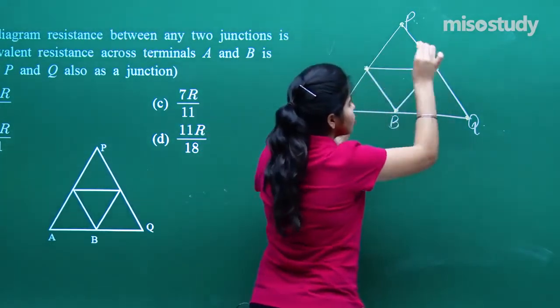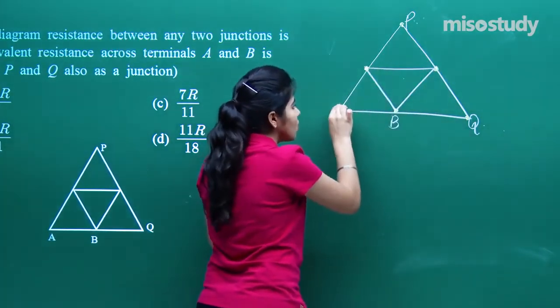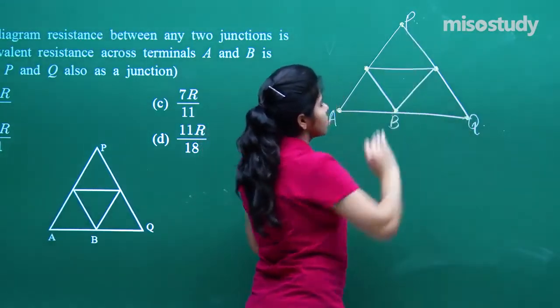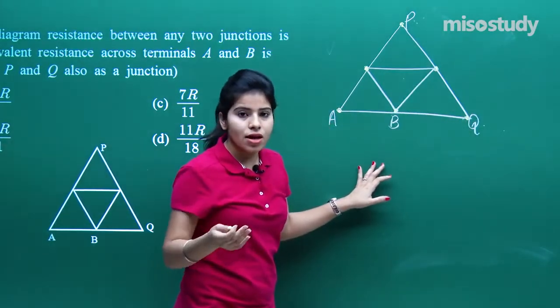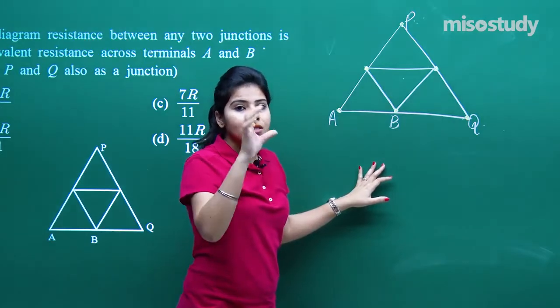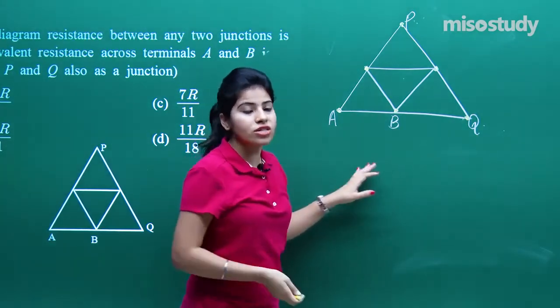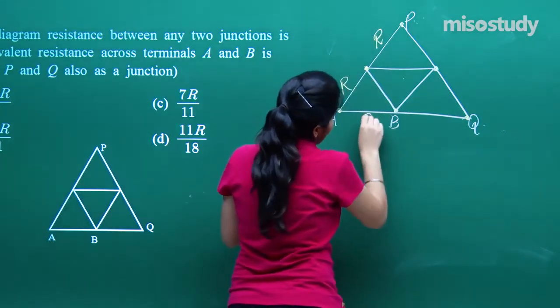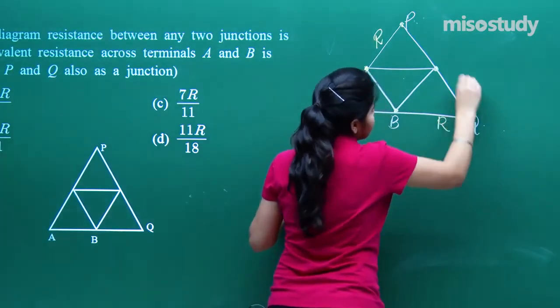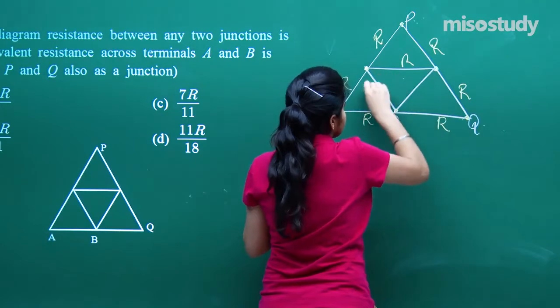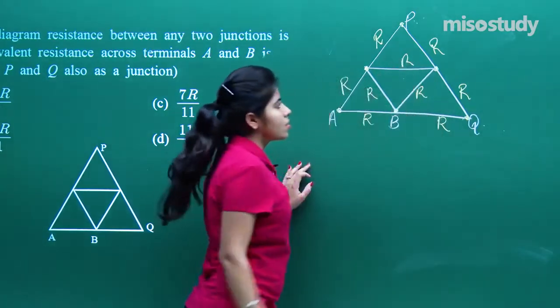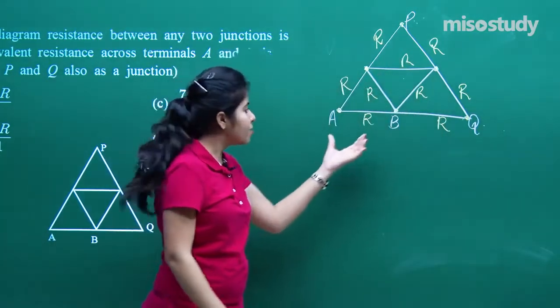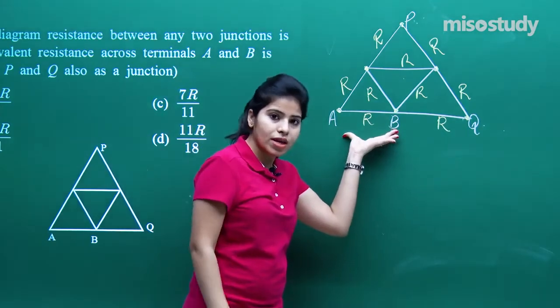This will also be a junction, this, this, this and this. These all are junctions, and the resistance between any two junctions is R. So this is R, R, R, R, R. This has been given, and we have to find the resistance between A and B.